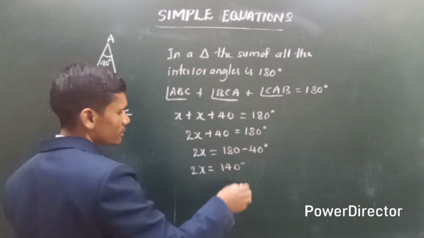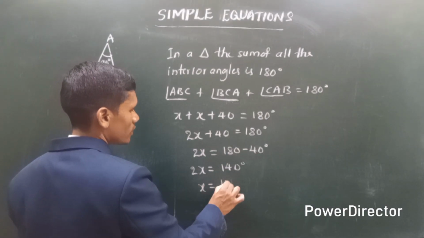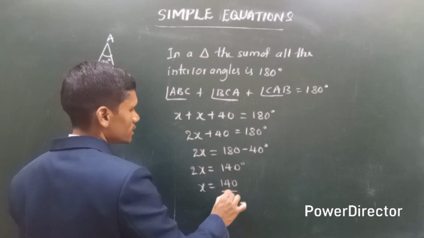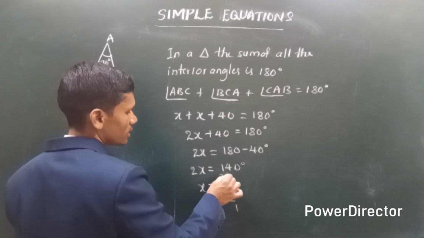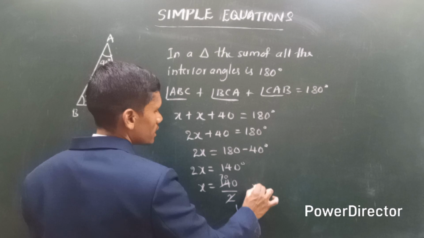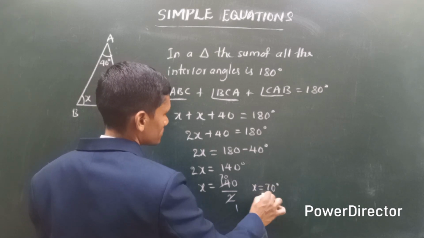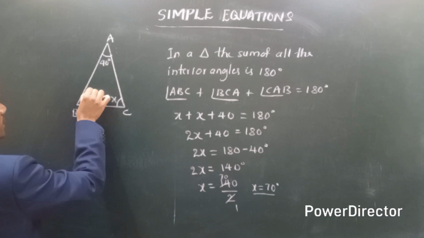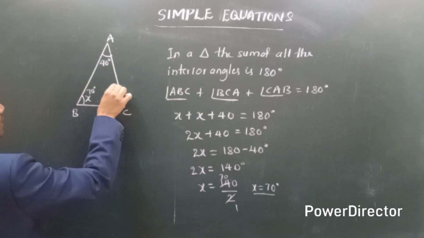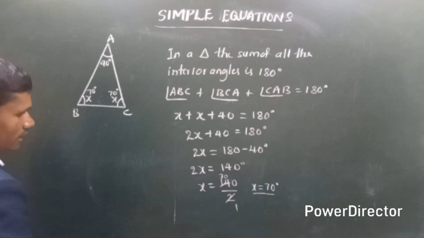If you take it to the other side, it becomes division. So x is equal to 140 divided by 2. 2 ones are 2, 2 sevens are 14, what remains is 0. So x is equal to 70 degrees. Means this angle is also 70 degrees, and this angle is also 70 degrees, right? We got x is equal to 70.